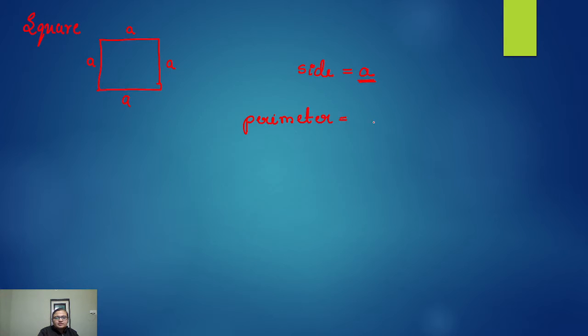So it is A plus A. The unit can be centimeter, meter, anything. So perimeter is 4A. Now area of a square is length into breadth. Length is also A, breadth is also A. So area will be A square.